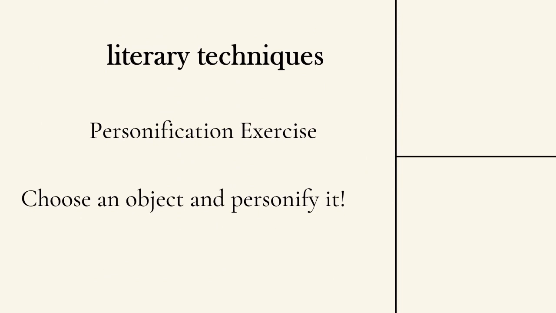So the exercise for this is for you to choose an object and personify it. Choose any object, and preferably an object that you have used in your idea in module 1, the idea that we'll be working on in this course.